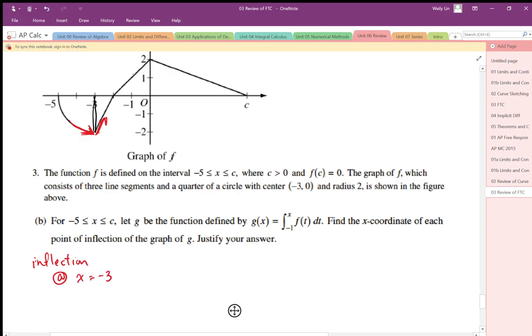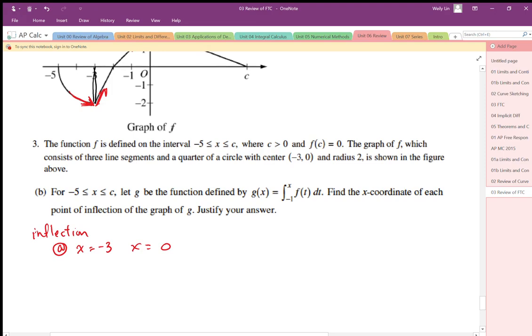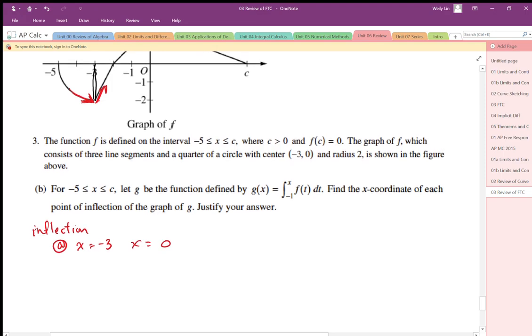There's going to be an inflection here as well because the slope changes from positive to negative. Okay, so x equals 0. So we want to find the x coordinate of both those points.